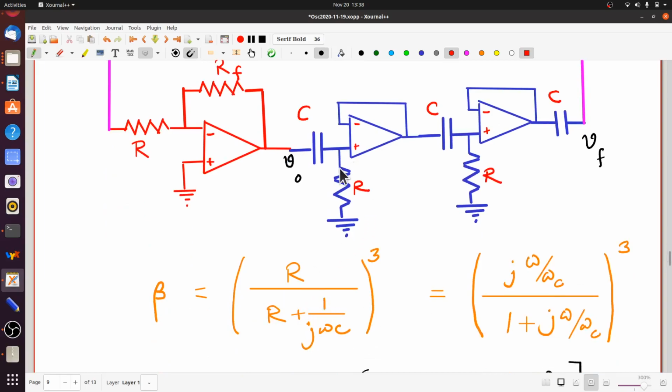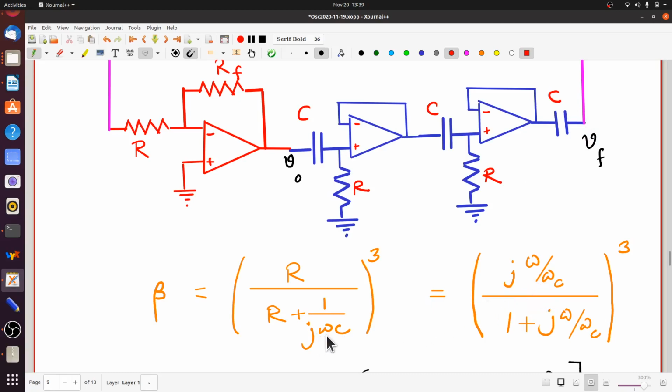The feedback fraction, which is what fraction of VO is fed back here, is simply what happens for one CR piece, which is R by R plus 1 by j omega c, times itself 3 times, so raised to the power 3. This simple calculation occurs basically because the unity gain buffers in between ensure that whatever is output here, no current is drawn from that. So this output is unaffected by the fact that there is another CR network and then another CR network.